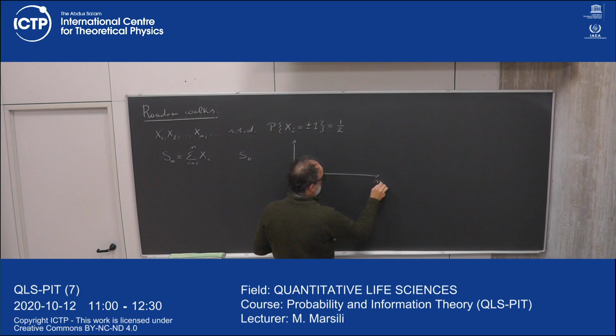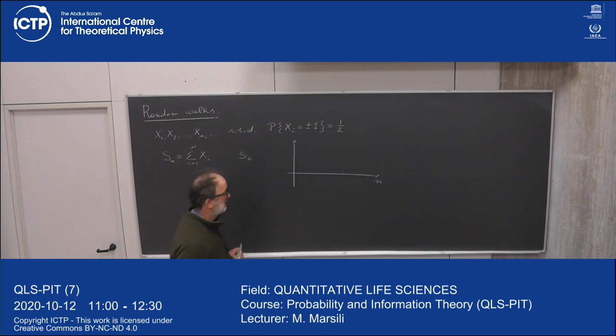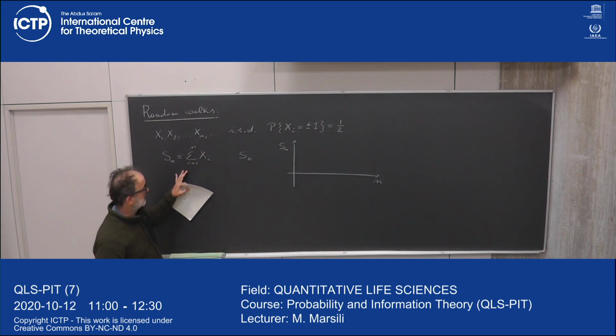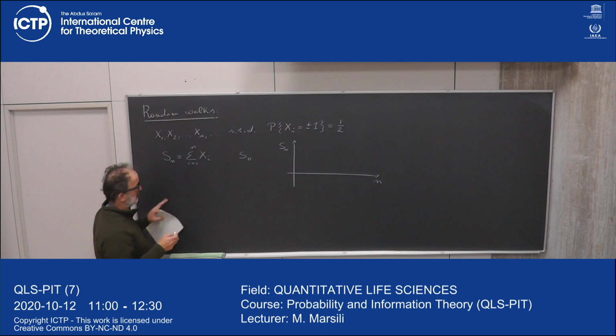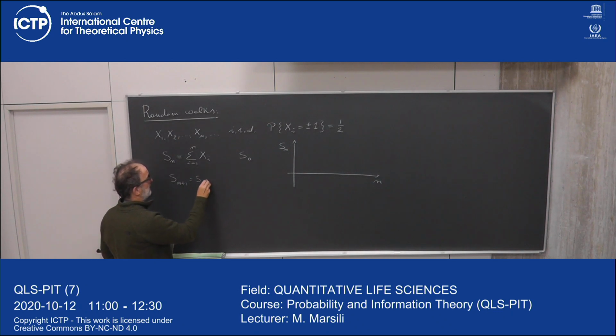If you consider that n is time, then the position of this random walk particle is Sn, and you see that at every time step, the next position is equal to the previous one plus an independent random variable, which is either +1 or -1.